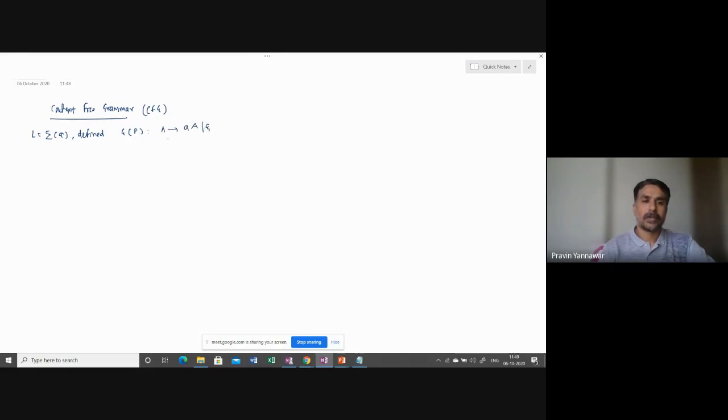So this is the grammar: A implies A or epsilon. So here my start symbol is A, which is at the left side. Then terminals include A, epsilon.